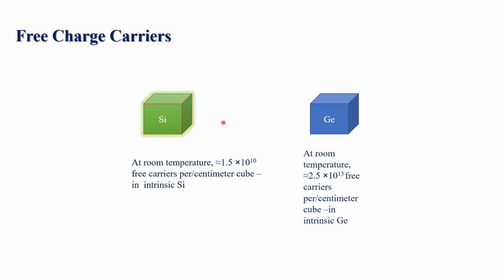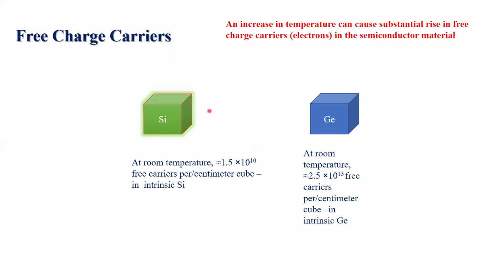So the idea is to make a rise in the temperature. A rise in the temperature can increase the free charge carriers in both of these semiconductors substantially. So we see that an increasing temperature can cause a substantial rise in free charge carriers, that means electrons, in the semiconductor material.